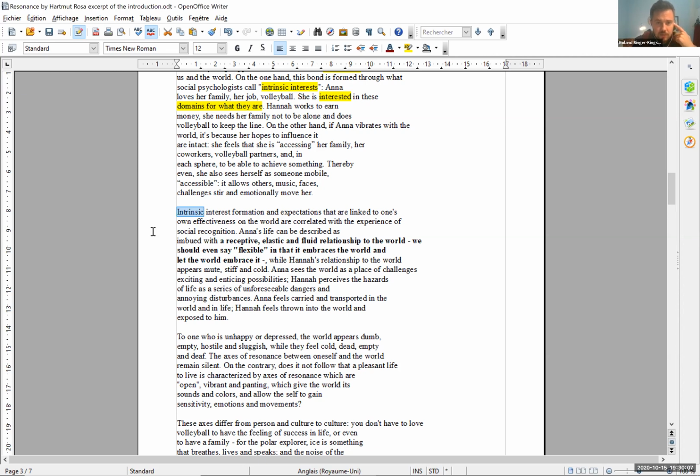We should even say flexible, in that it embraces the world and lets the world embrace it. While Hannah's relationship to the world appears mute, stiff, and cold. Anna sees the world as a place of challenges, exciting and enticing possibilities. Hannah perceives the hazards of life as a series of unforeseeable dangers and annoying disturbances.